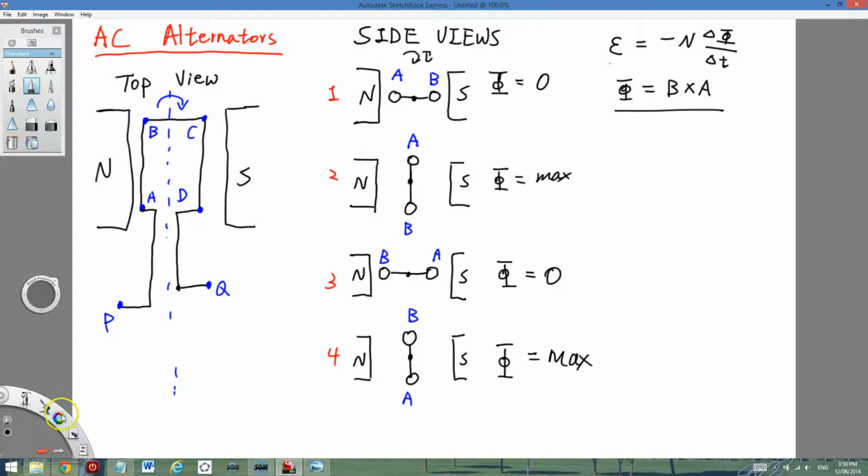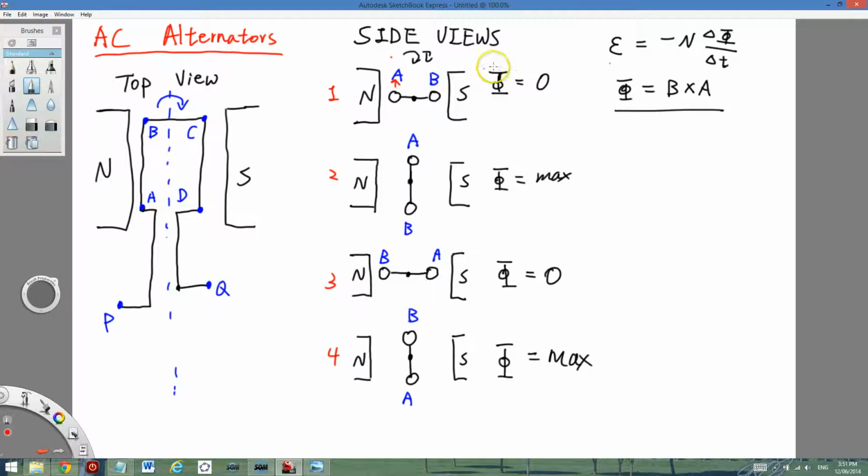Now, let's do some activities. Let's find the direction of the current. Initially, at position 1, I have force acting upwards because someone or something is going to rotate the shaft anti-clockwise. At point A, I have current going upwards and the magnetic field lies to the right.